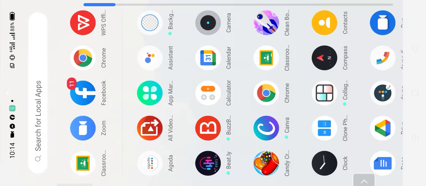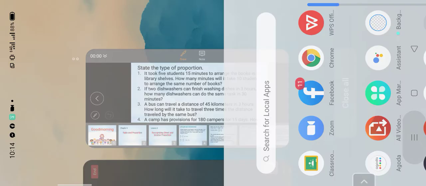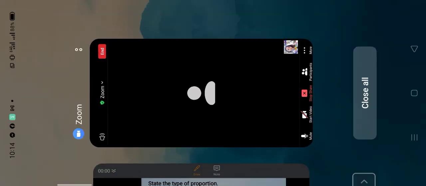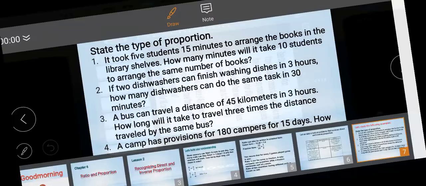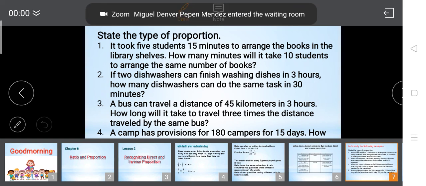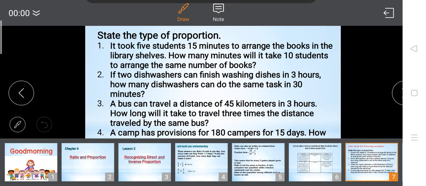Oh. Kung yung 2 dishwashers kaya siyang tapusin in 3 hours, ilang dishwashers daw yung kailangan to finish the same task in 30 minutes lang? Isang tao lang yung kailangan?